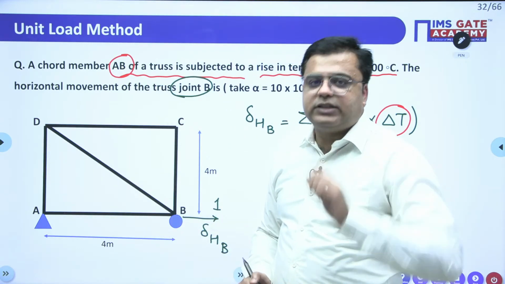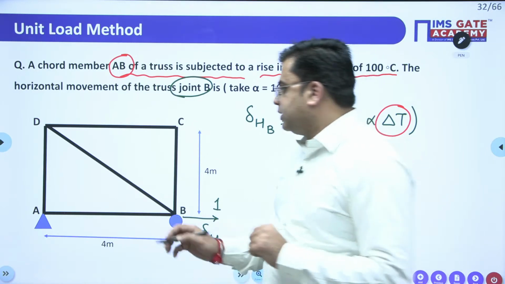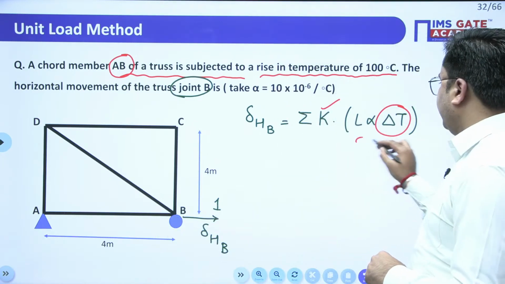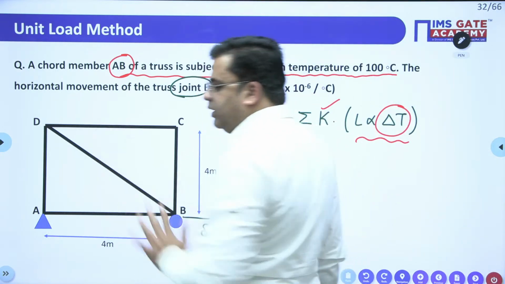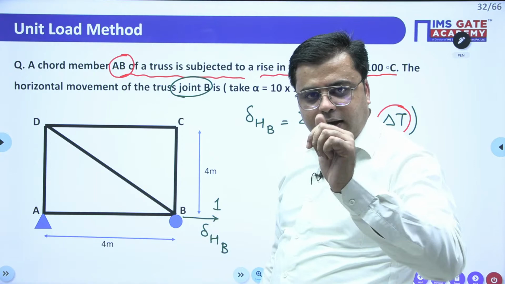No temperature change is happening there, correct? So L into alpha into delta T for the other members will be 0.